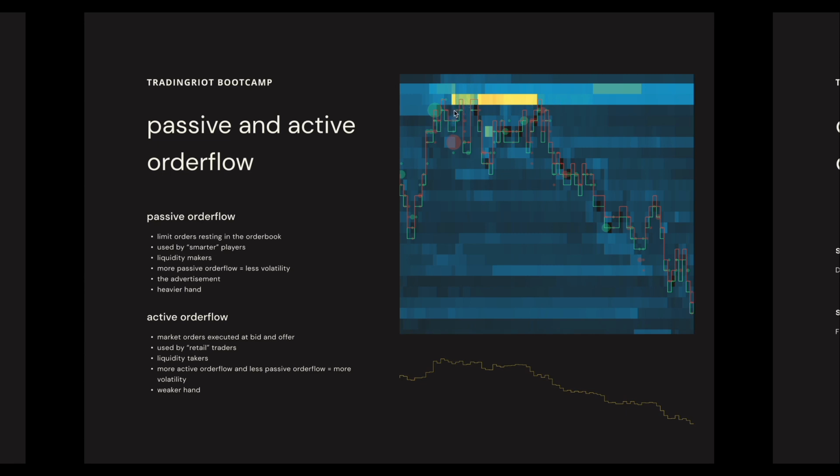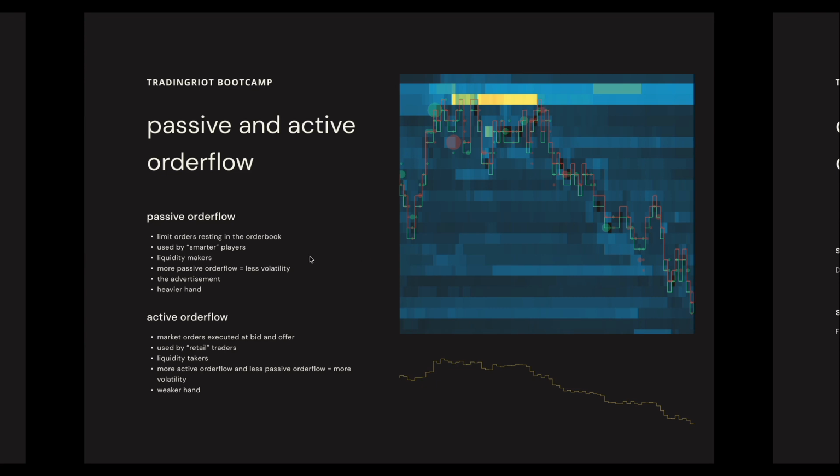This is a 10-second chart, and you can see how someone posts a size here, and it just persists. This is one of those cases where you have a large size in the market, but he's not spoofing it, and then I think he got filled and the market moved on from there.